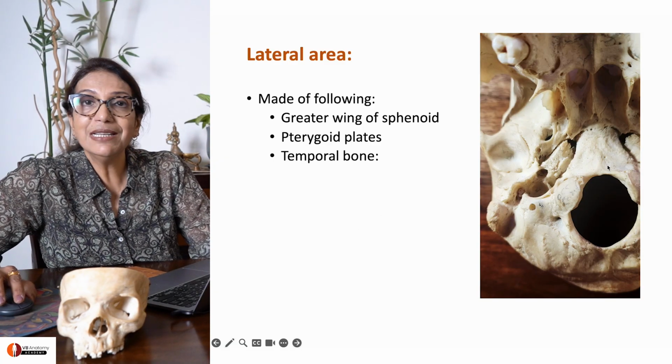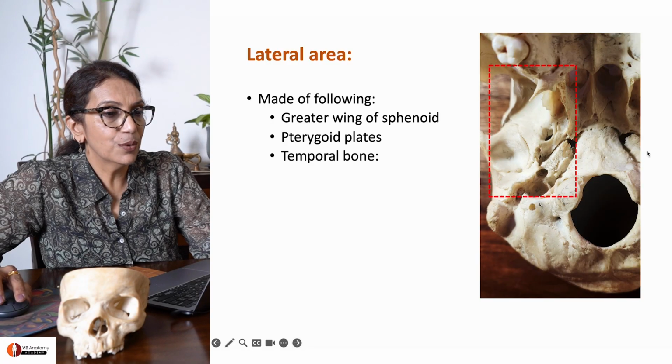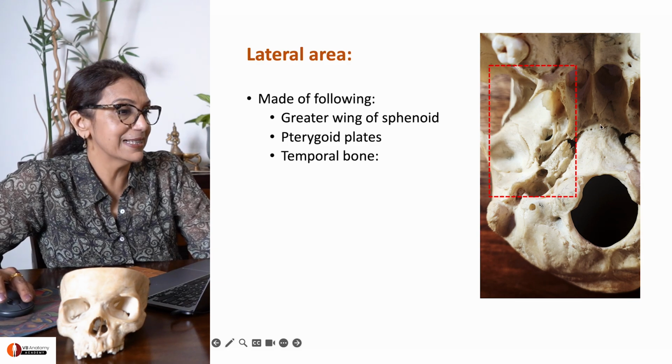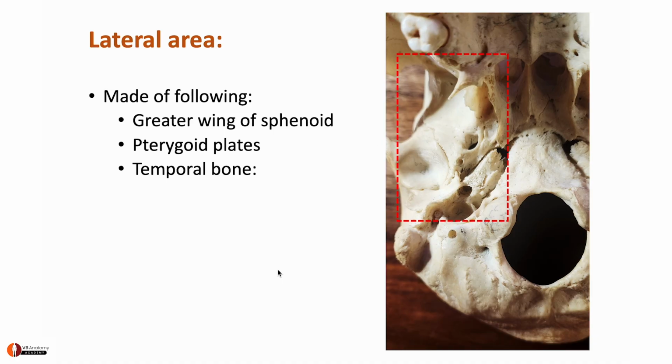So what is this lateral area made up of? I want you to focus on this lateral area. See, this is the broad bar of bone. This is the Vomer, which we've already discussed. This lateral area is made up of three structures: the greater wing of sphenoid, the pterygoid plates, and the temporal bone.